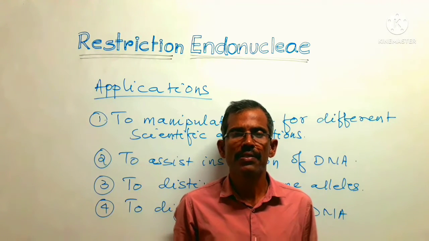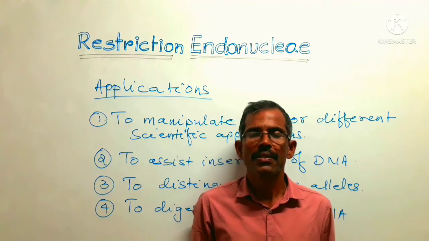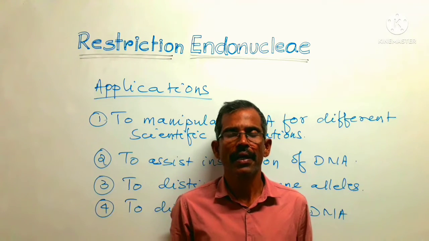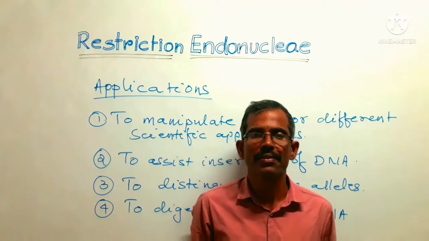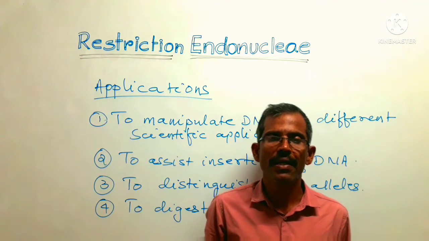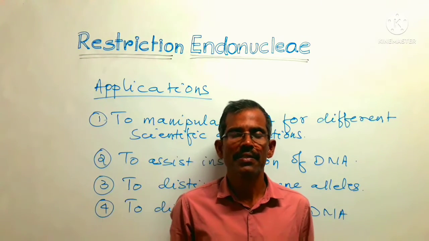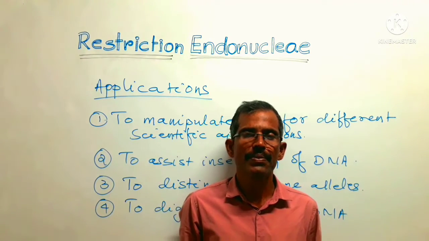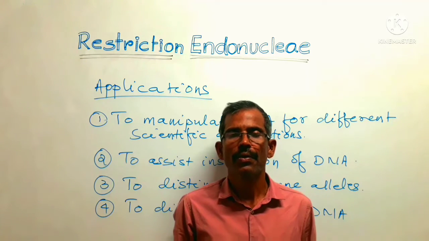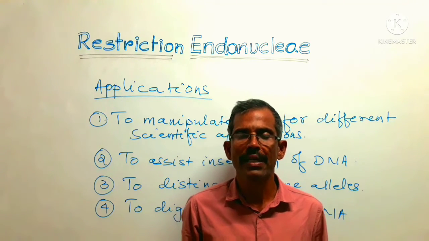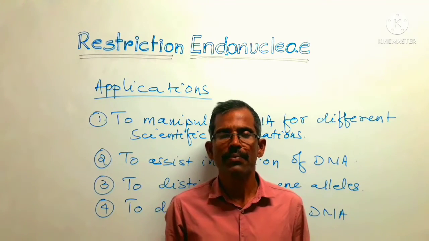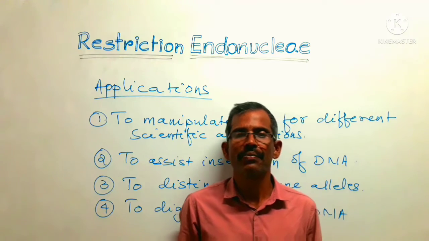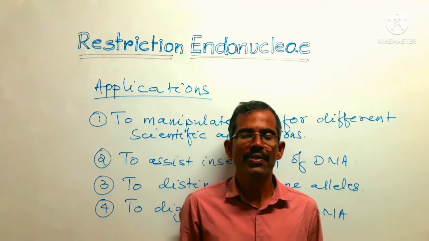Applications of restriction endonucleases. Restriction endonucleases are used to manipulate DNA for various scientific applications. Restriction enzymes are also used to assist in the insertion of DNA into different types of cloning vectors during cloning and protein production experiments. By using restriction endonuclease, we can cleave different DNA fragments at a specific restriction site.